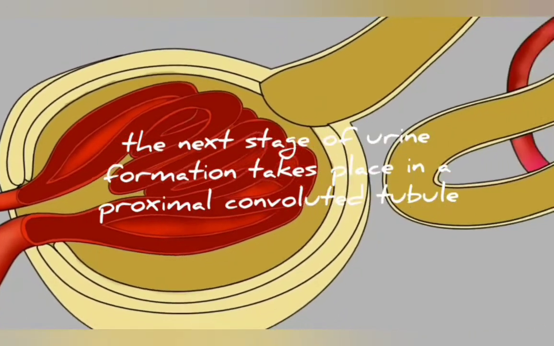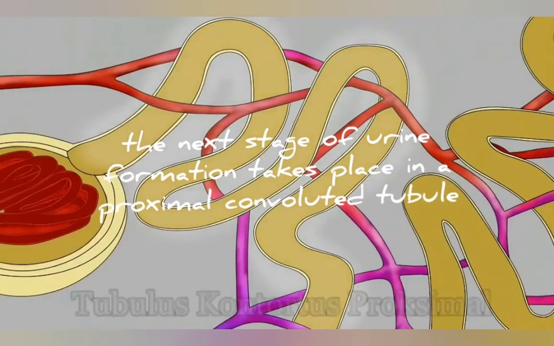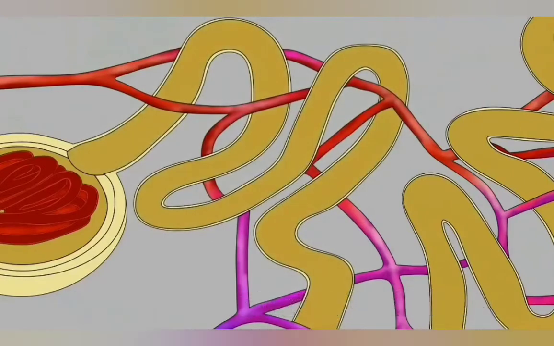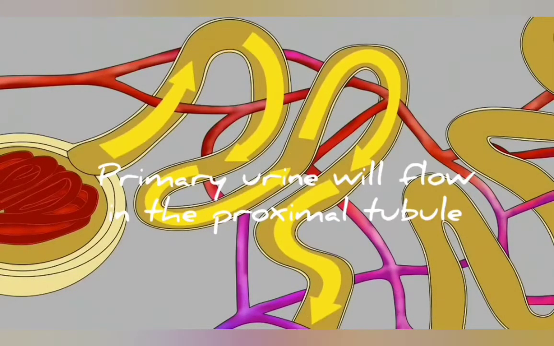The next stage of urine formation takes place in the proximal convoluted tubule. Primary urine flows in the proximal tubule.